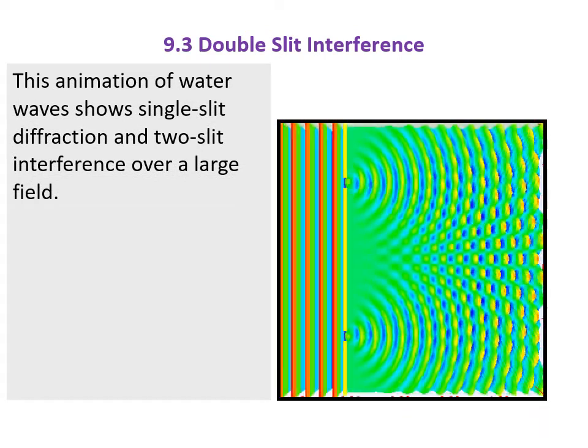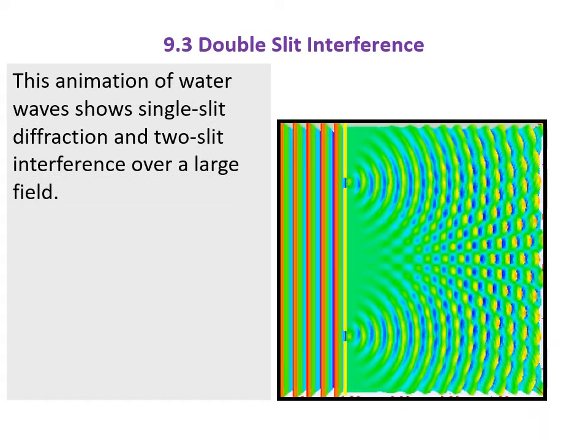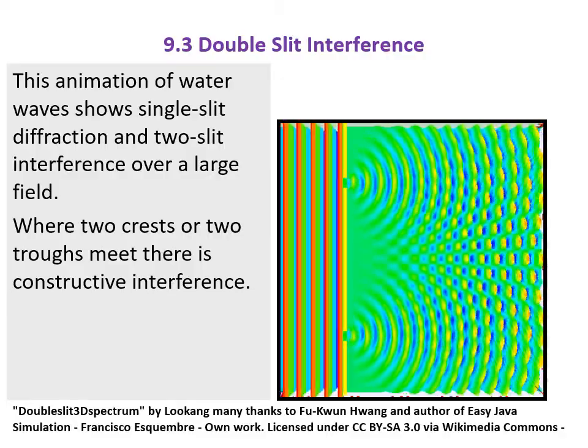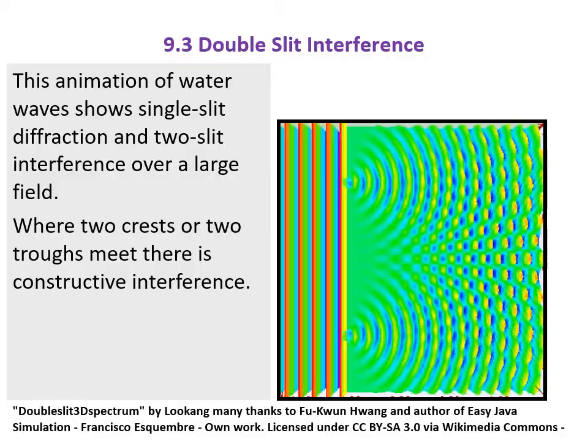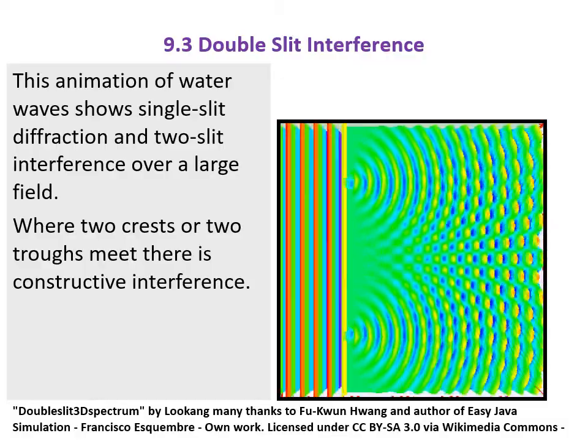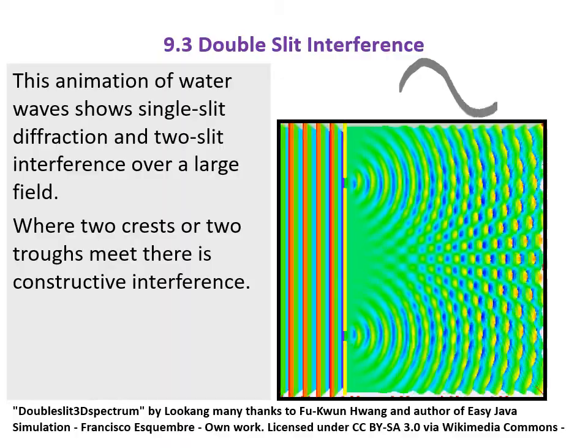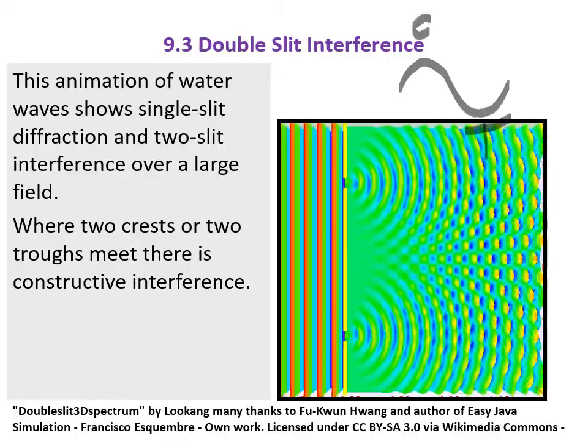This is a neat animation which just shows water wave behavior as it diffracts and interferes through two openings. Again, where two crests meet or where two troughs meet, there is constructive interference. So for water waves and for light, you have a crest here and a trough here.